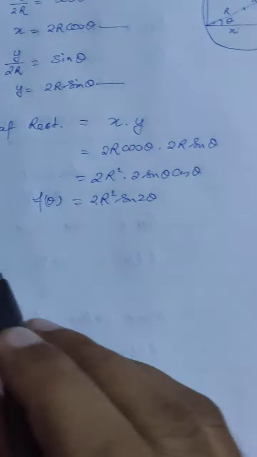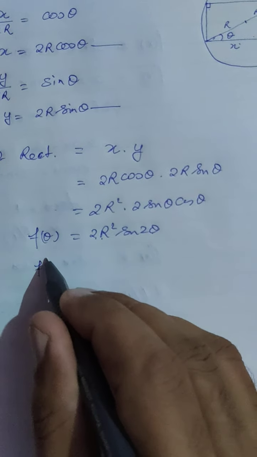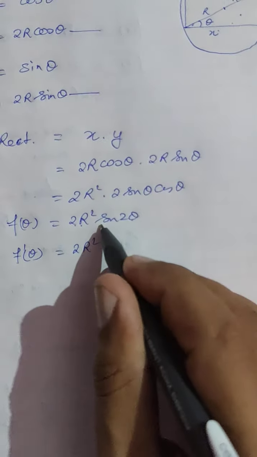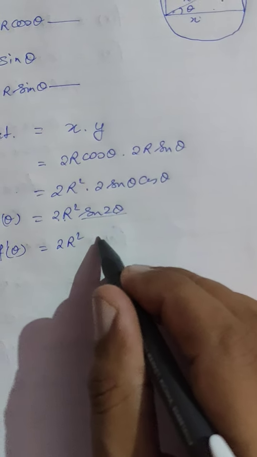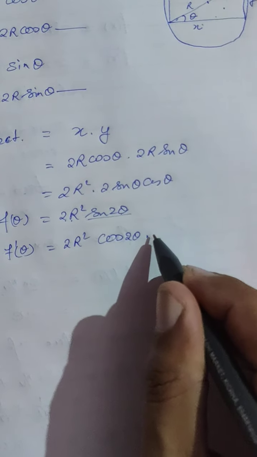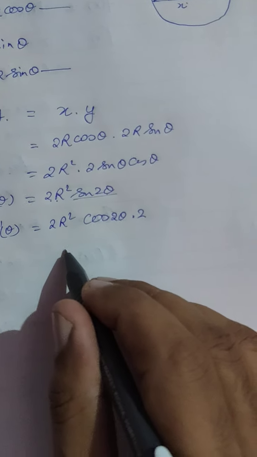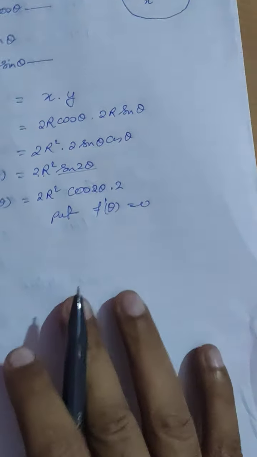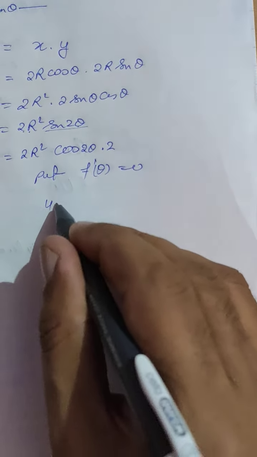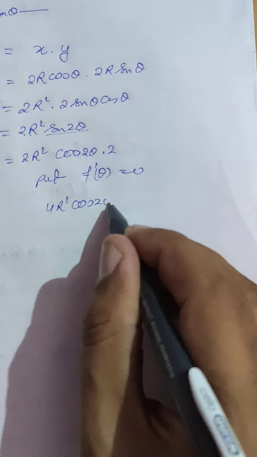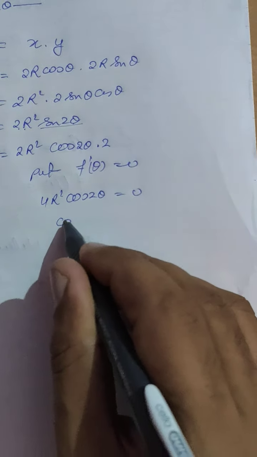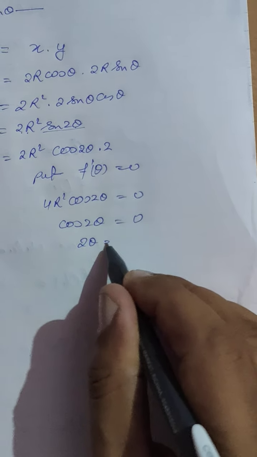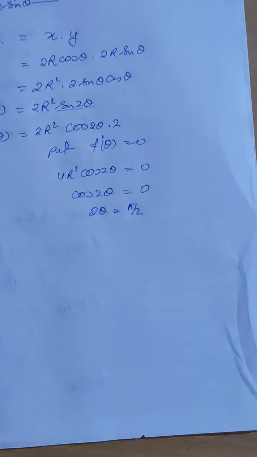Now we need to differentiate it, so f dash theta becomes 2r square. Differentiation of sin 2 theta will become cos 2 theta, and 2 theta will give 2. Now we put f dash theta equal to 0, meaning 4r square cos 2 theta will be equal to 0, that is cos 2 theta equals 0, or 2 theta equals pi by 2.